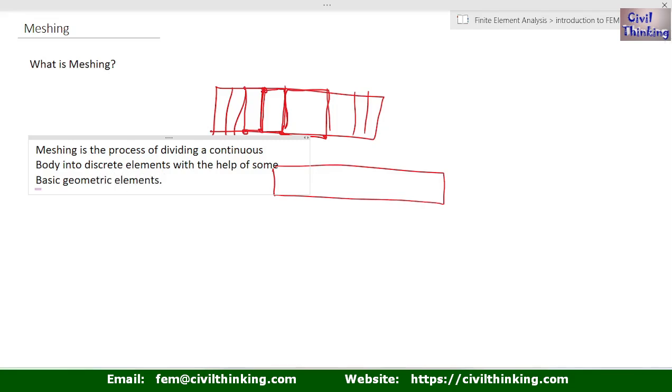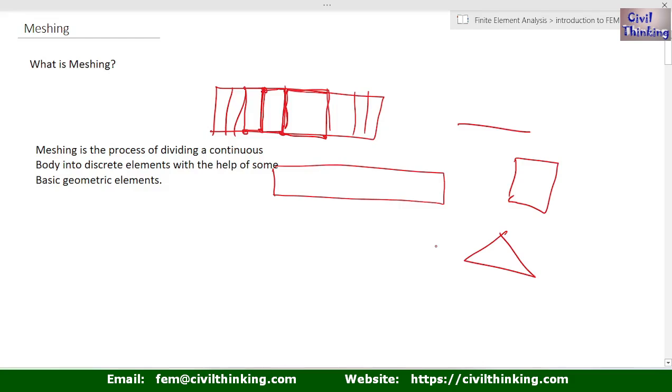Basically we use some basic geometries, like this is a square, right? Or it can be a line, or a chord element, or a triangular element, or other elements which we will see. So the main concept is that a continuous body gets divided into a discrete number of elements.